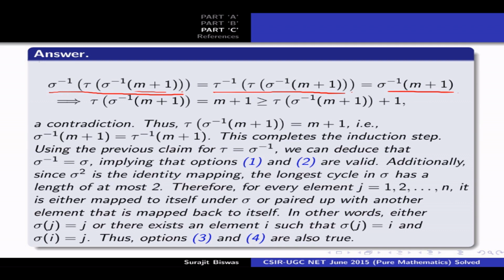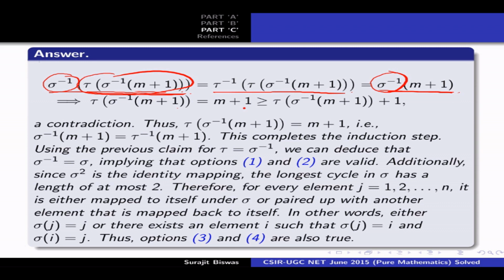and this implies that, since sigma inverse is a bijective function, sigma inverse of this quantity equals sigma inverse of that quantity, which implies tau of sigma inverse of (m+1) equals m+1.